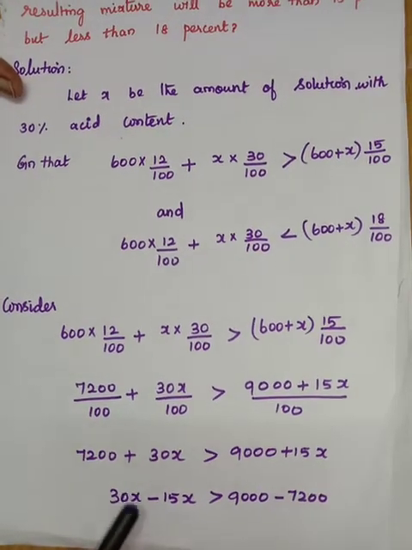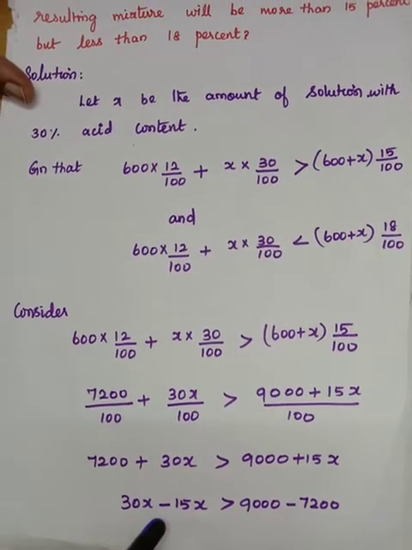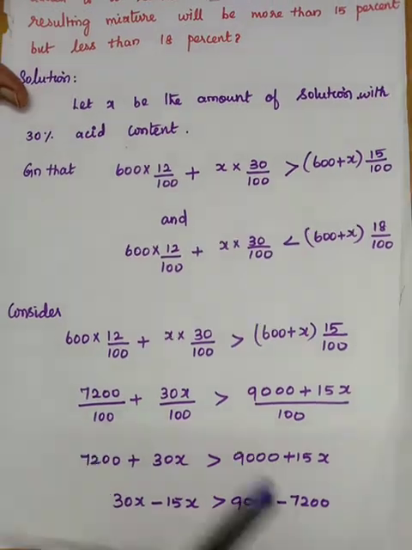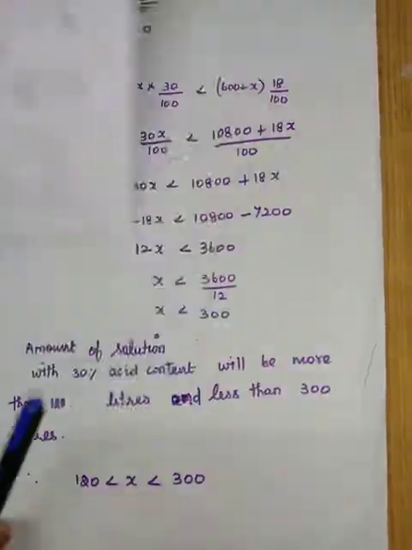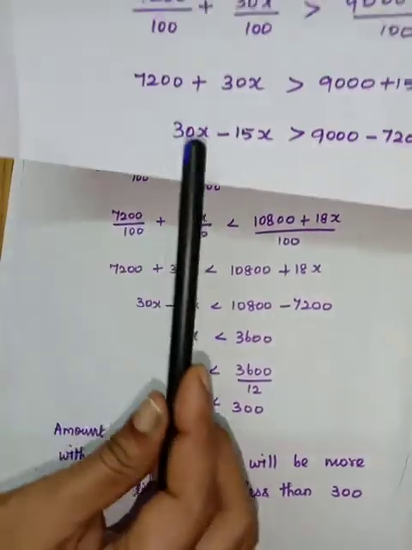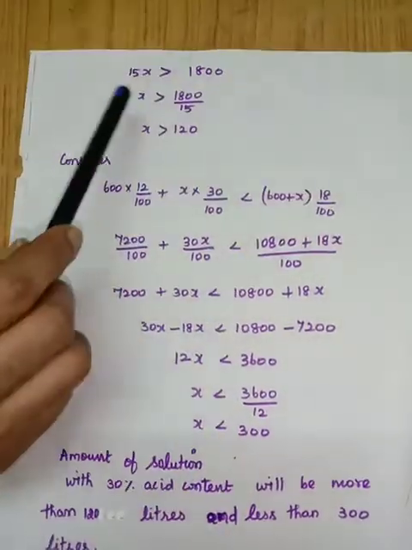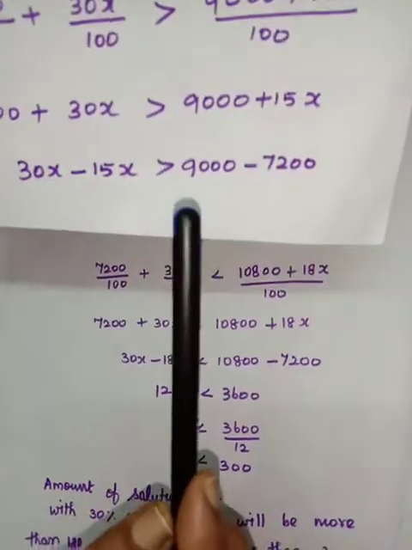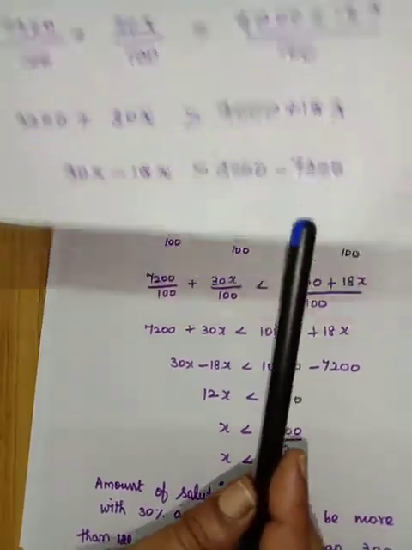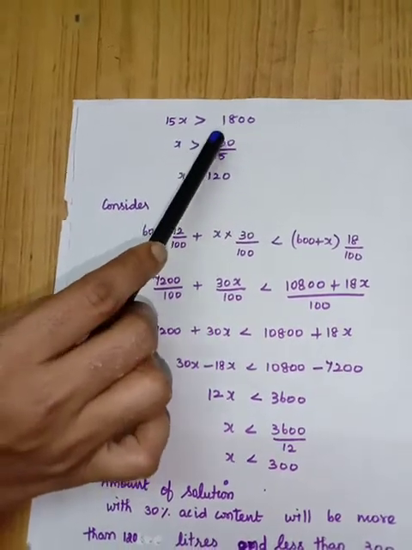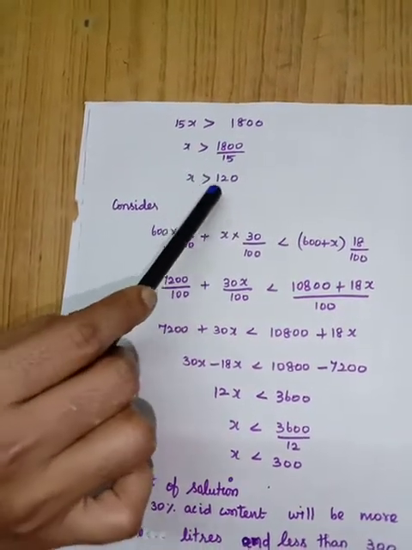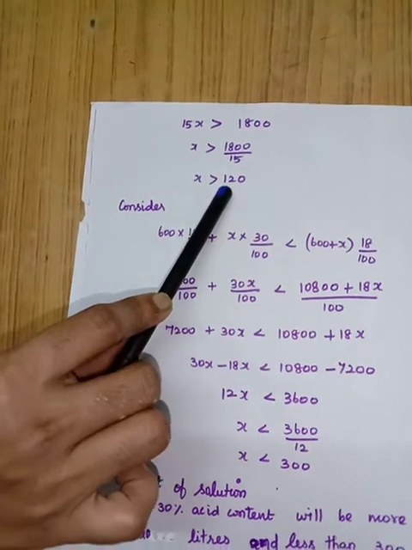So 15x, when you bring it to the left side, is minus 15x. Bring this 7200 to the right side, so it is 9000 minus 7200. So it will be 30x minus 15x is 15x, and 9000 minus 7200 is 1800. So x is greater than 1800 by 15, that is x is greater than 120.